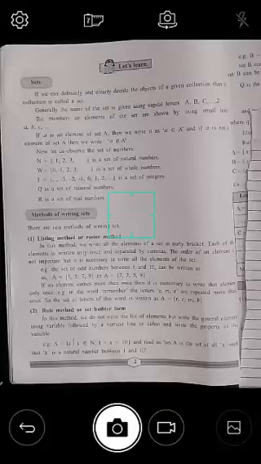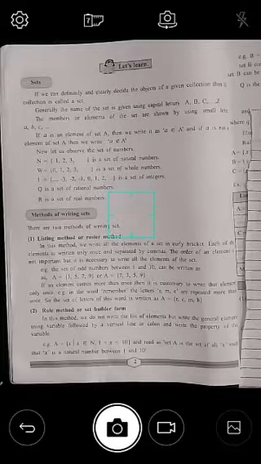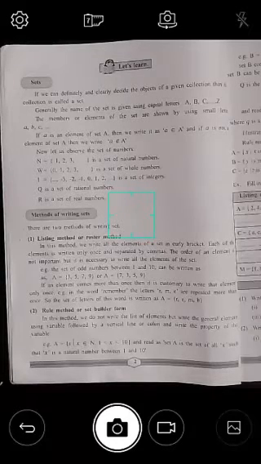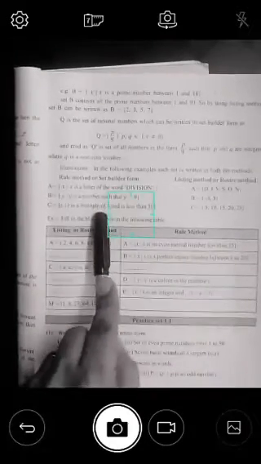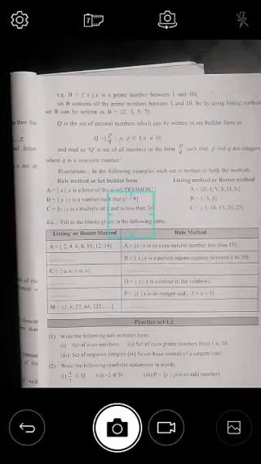So we can read this as set A is a set of all X such that X is a natural number between 1 and 10. There are some more examples to distinguish between rule method and set builder method.